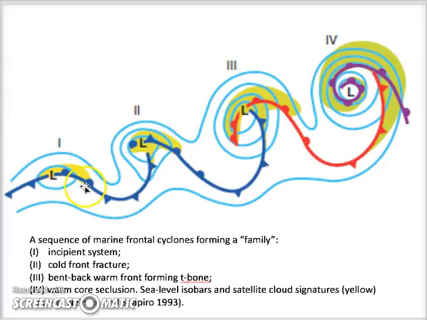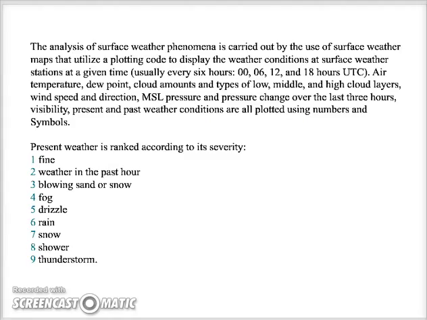Frontal cyclones, particularly over the oceans, tend to develop in sequence, forming a family as illustrated schematically in this figure. The fronts in the leading system are generally occluded, while the later ones have a more open wave form.